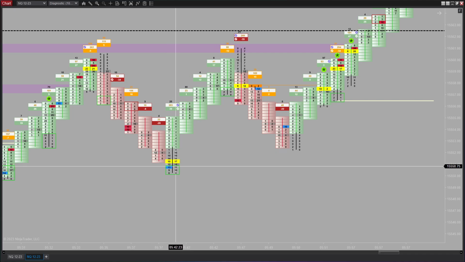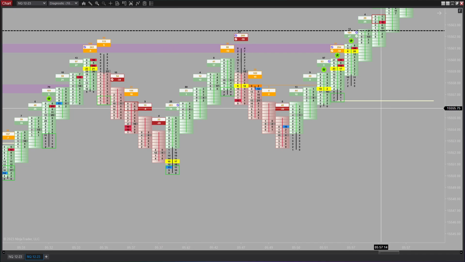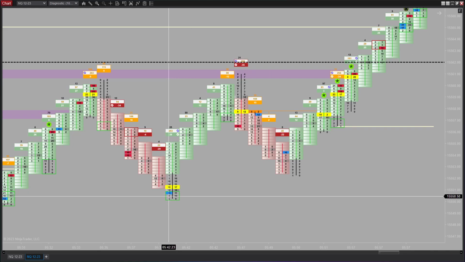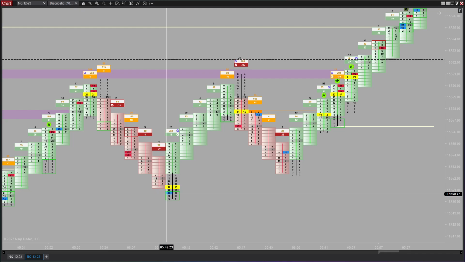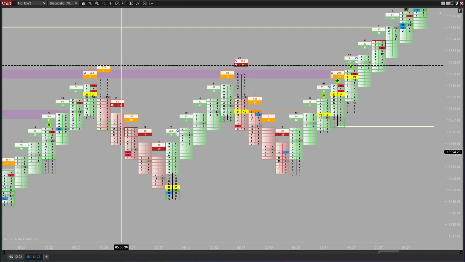The green box is the exhaustion box, where it's seller exhaustion. So this is seller exhaustion. This little blue box in here is trapped orders. If it's red, we're saying the market's coming down.